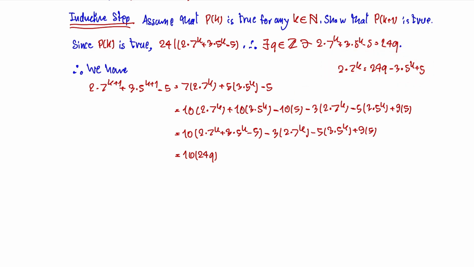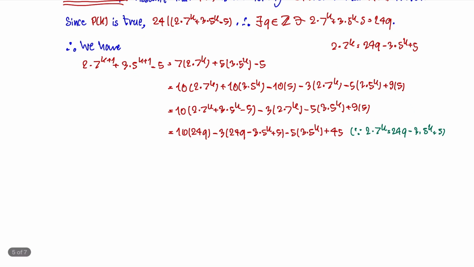So what we have right now is 3 times 24q minus 3 times 5 to the k plus 5, minus 5 times 3 times 5 to the k, plus this one, 45. In this case, I substitute 2 times 7 to the k, which is 24q minus 3 times 5 to the k plus 5. Alright, what happened to this one? I will distribute the number 3 into this term.